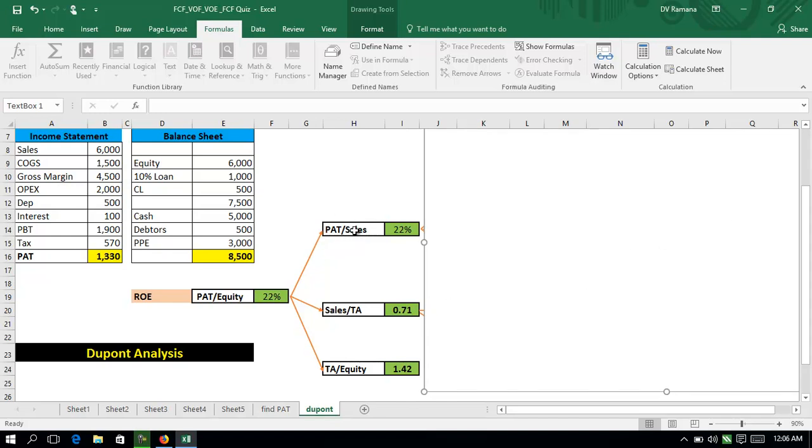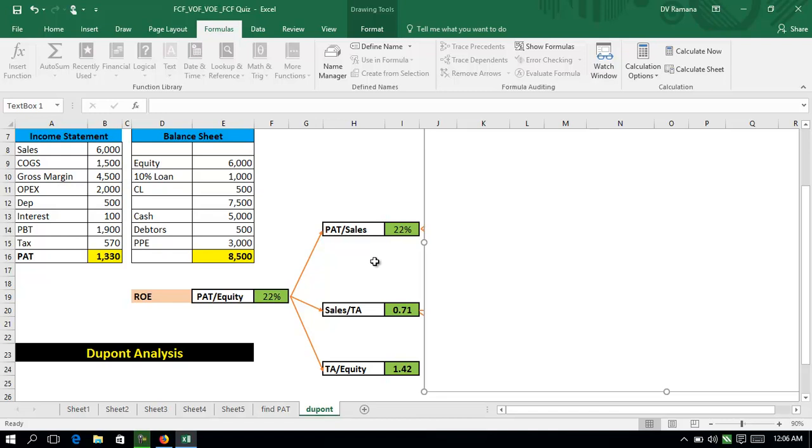PAT by sales reflects the operating decisions. Sales by TA is a reflection of investment decision. How best are we using our assets, and that is measured by comparing the turnover with the assets. And the financing decision is reflected by total assets by equity.